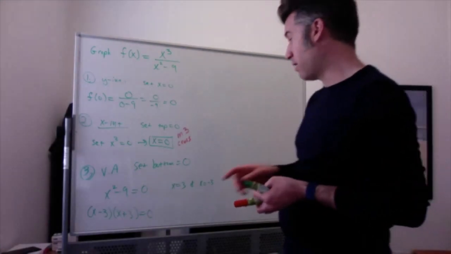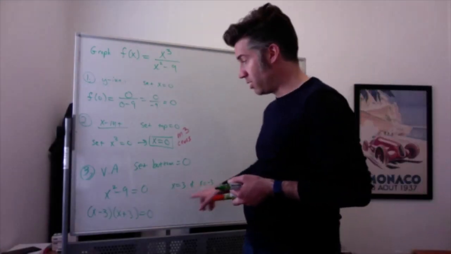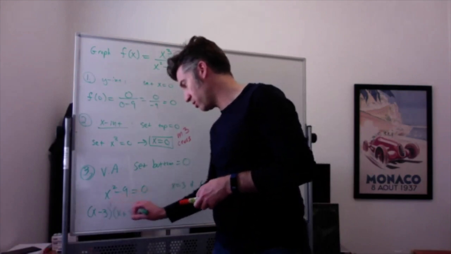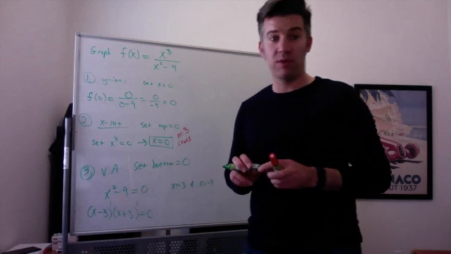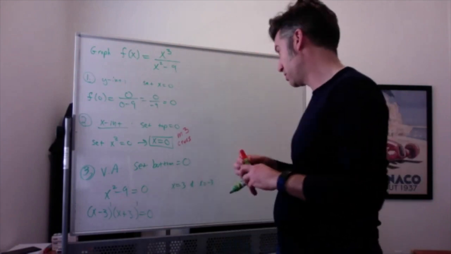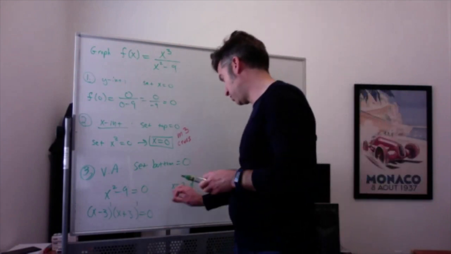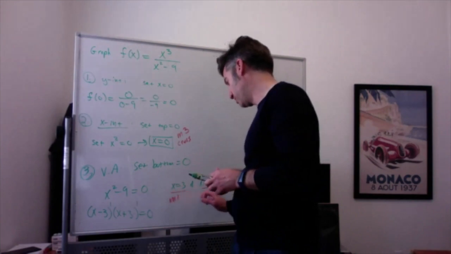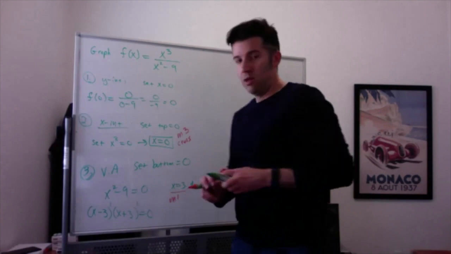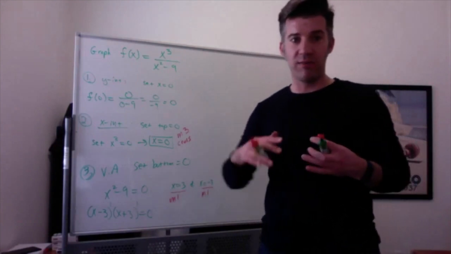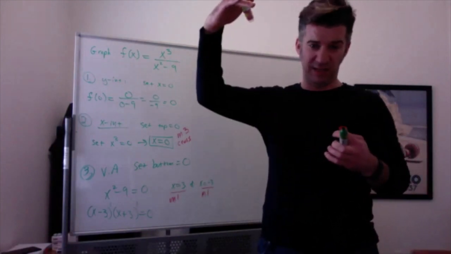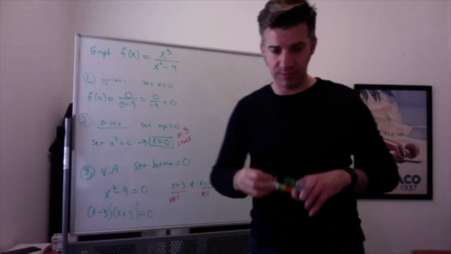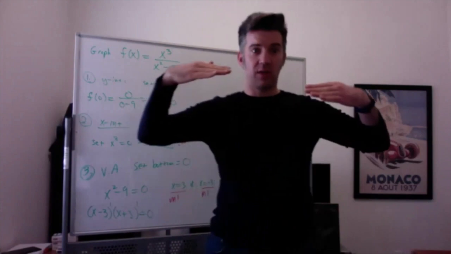Meaning, if a vertical asymptote comes from a factor with an odd power, we can talk about the multiplicity of that vertical asymptote. This vertical asymptote and this one, they both have multiplicity of 1. Which means we're going to cross from being below to being above the x-axis, or vice versa, from being above to being below. Which means for asymptotes, these are going to look like this.